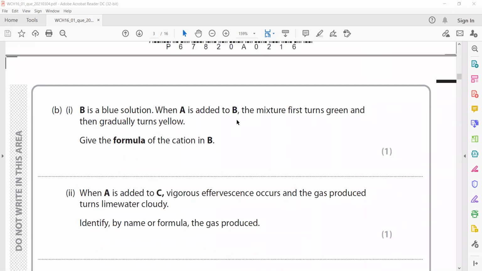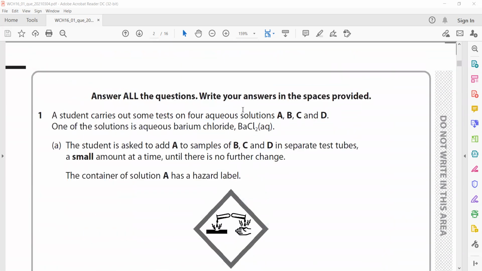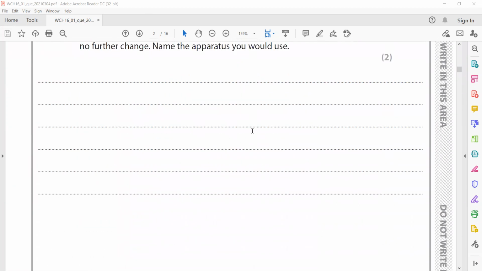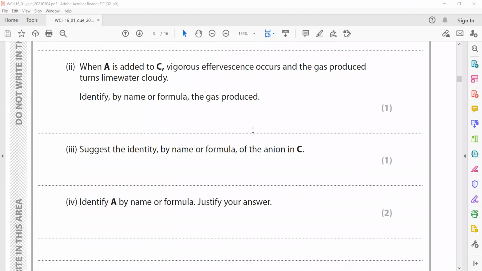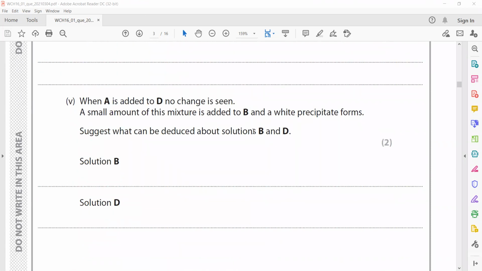They already mentioned in the beginning of the question that one of them is barium chloride. So when barium ions mix with sulfate ions, it will give barium sulfate. With A, we already identified HCl, and when it is added to D, it does not give any change.